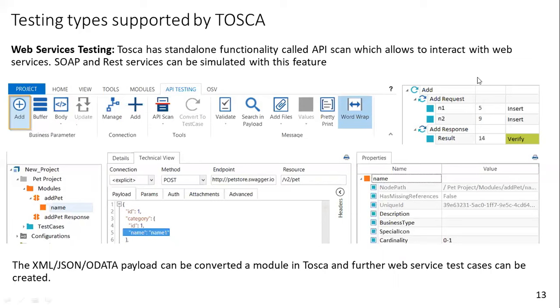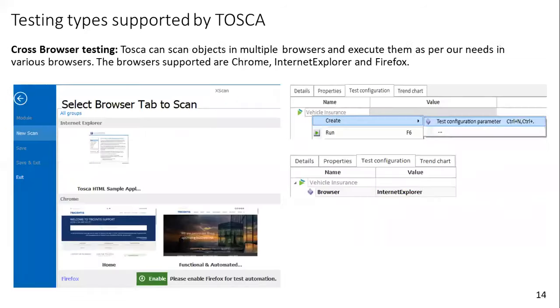Can you see that I've added one small test case here? That test case is N1 plus N2. I want to get a response and verify whether it is coming as 14 or not. So this is a very easy to use web services testing, and XML, JSON, OData payloads can be converted into modules in TOSCA. So web services testing is also facilitated.